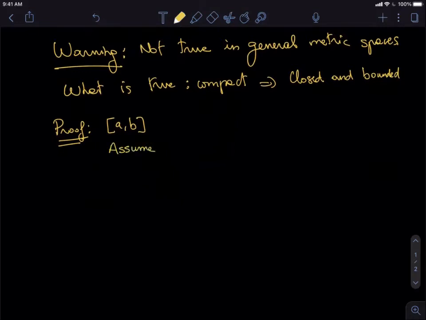Assume we have an open cover with sets O_alpha, an open cover of [a, b].